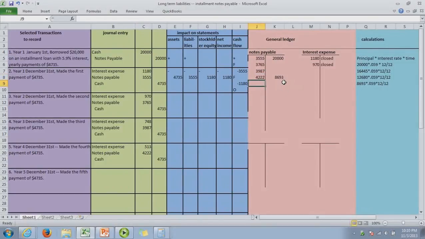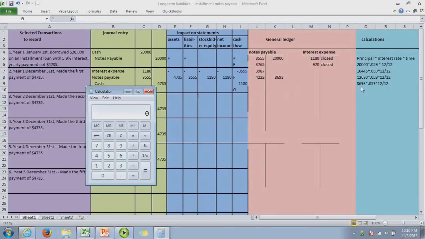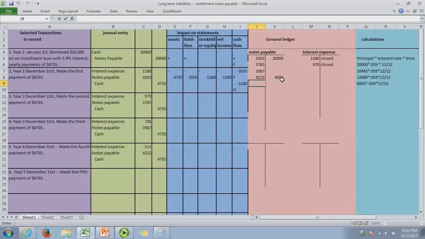And this time, maybe if I'm smart, I'll just take the ending balance from last time, 8693. I have to go through all those steps and subtract out just this year, 4,222. So that's 4,471. Okay. 4,471 is the new ending balance.